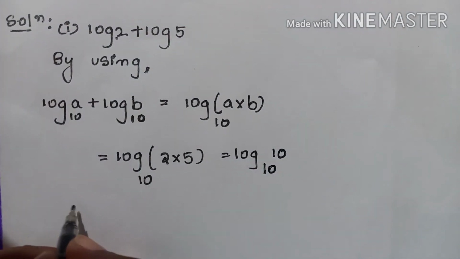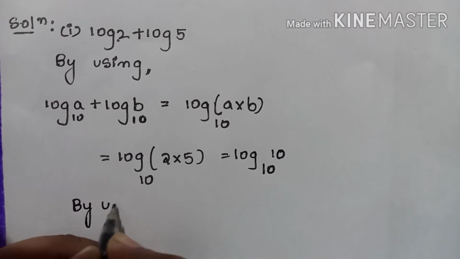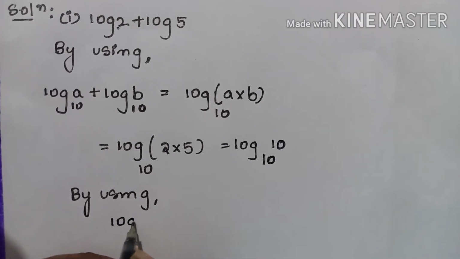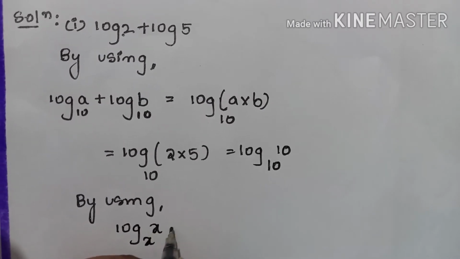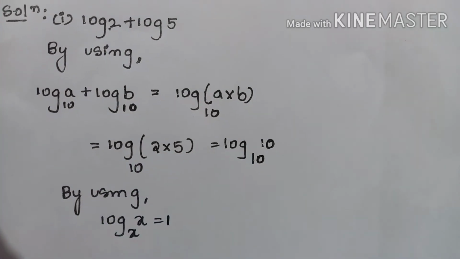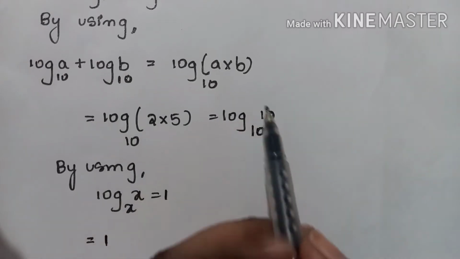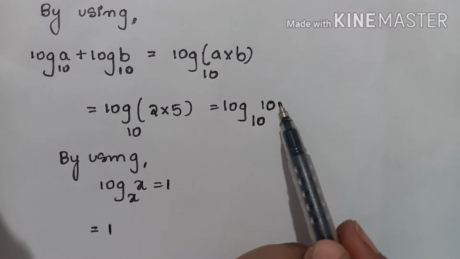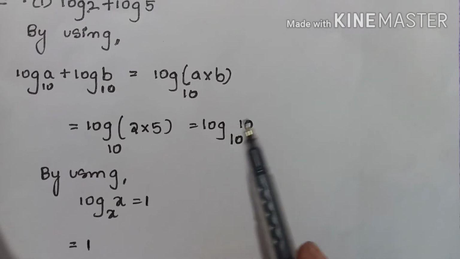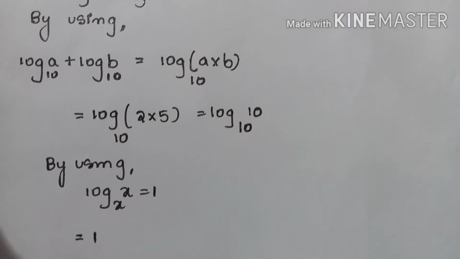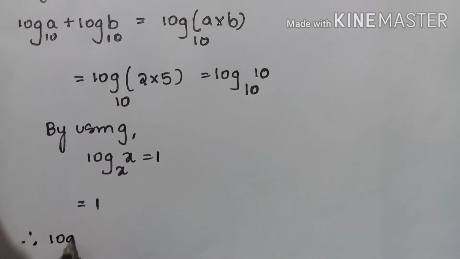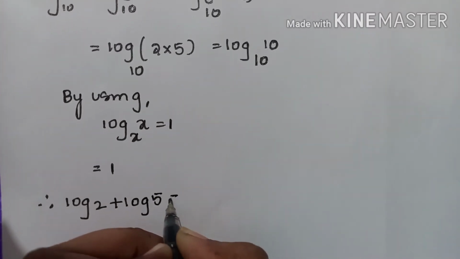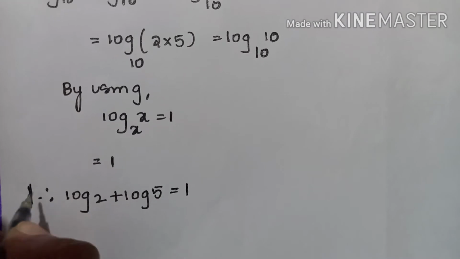And again, by using the property log x to the base x is 1, the answer is 1, because the base is 10 and the exponent is also 10. So log 10 to the base 10 is 1. Therefore the value of log 2 plus log 5 is 1, and this is the answer.